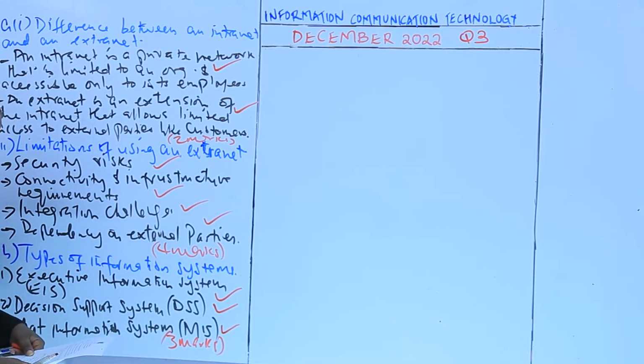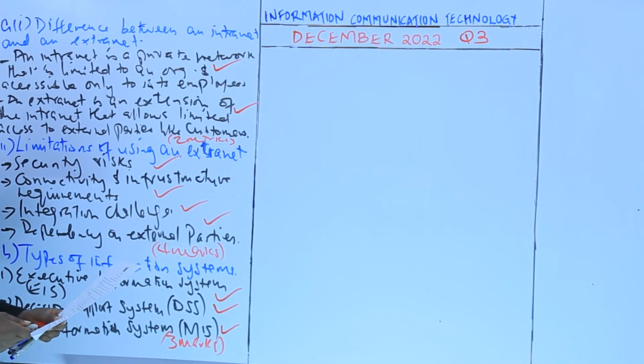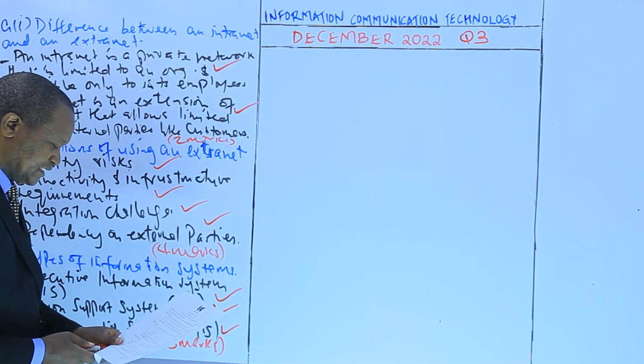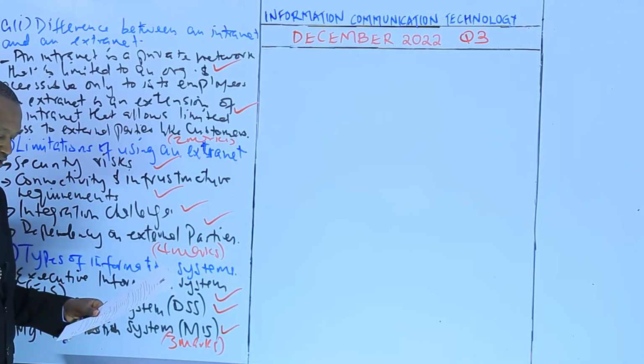I'm now going to answer Roman 2. Roman 2 says, state the input, processes, and output of information systems used by management. Those are 3 things.